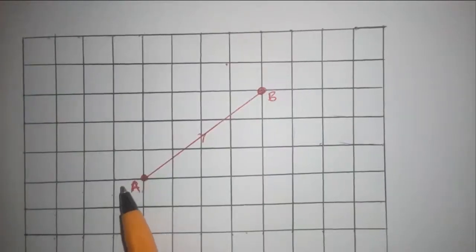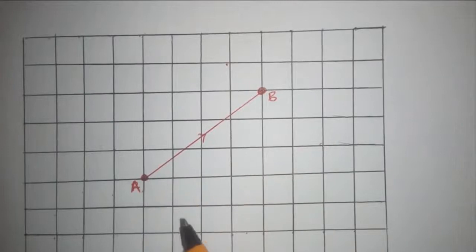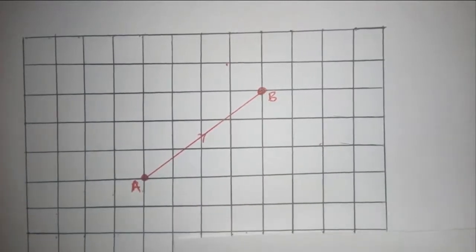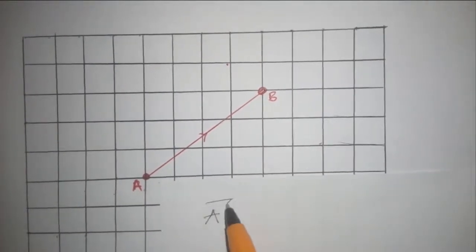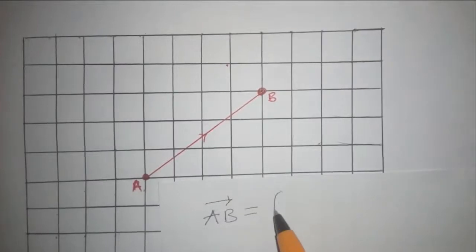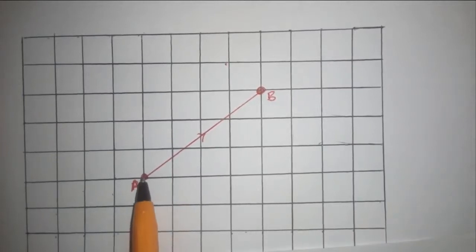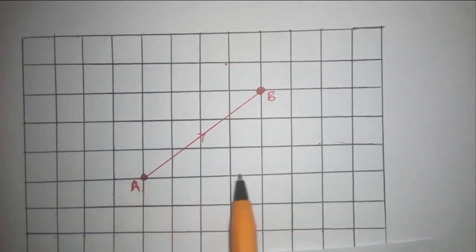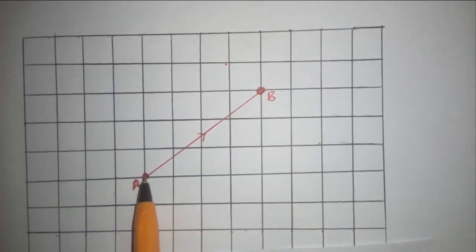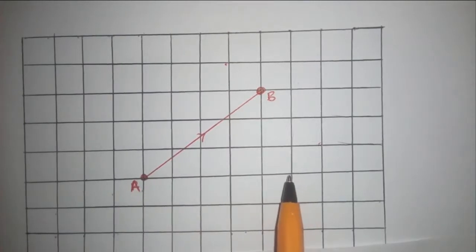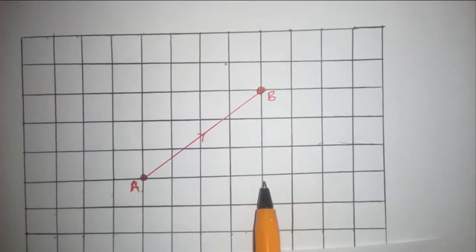Sometimes you may be given a question like this and you're asked to find a vector. What is this vector? Vector AB. Remember, if you're coming from your left to your right, the number is supposed to be positive, and vertically, if you're coming from top to down, it's supposed to be negative.